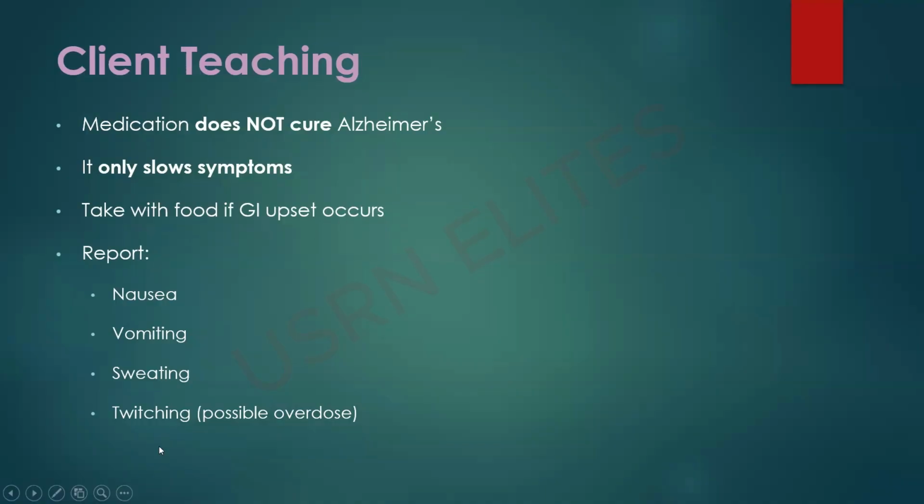You report if you have these things, because when it comes to overdose or toxicity of any drug, the GI symptoms are likely to be the first. Do you remember lithium and digoxin? Those were very common exam questions.